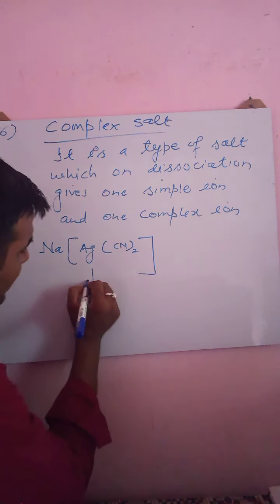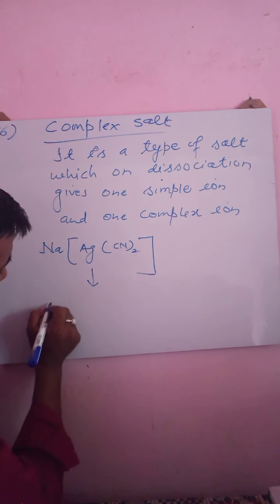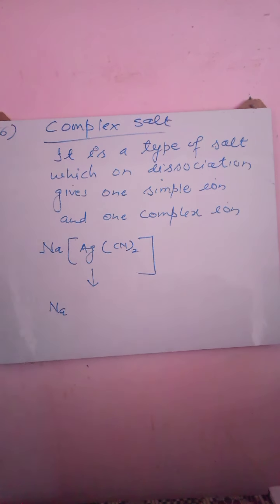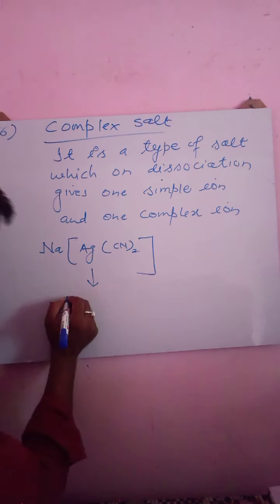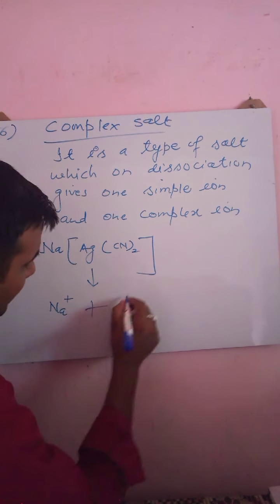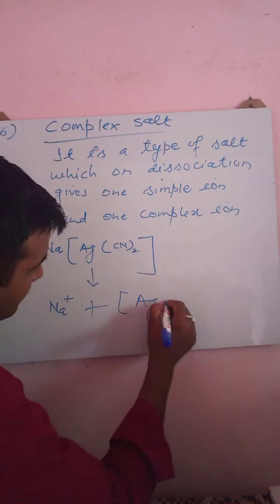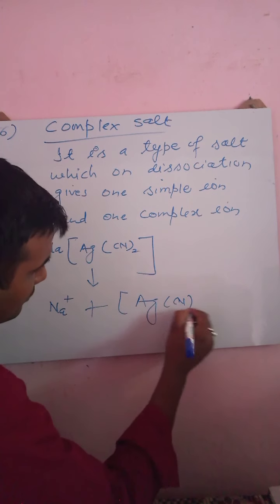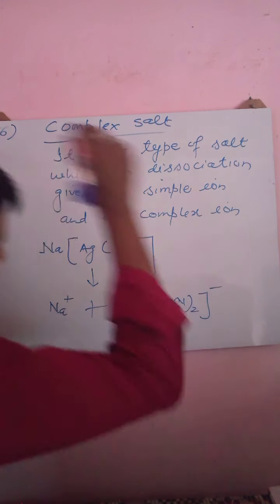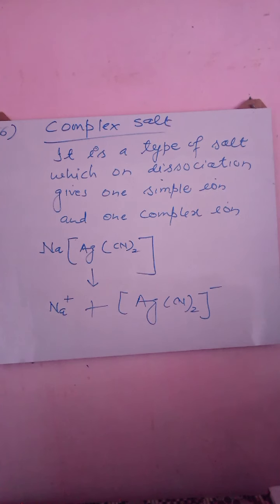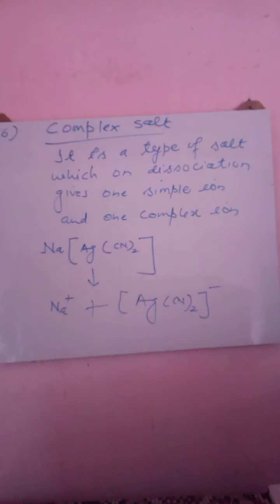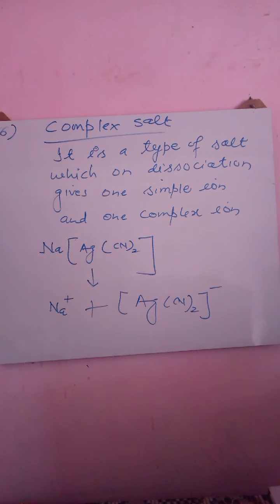This salt on dissociation gives one simple ion, sodium plus ion, and one complex ion, Ag(CN)2 with a negative charge. So those salts which on dissociation give one simple ion and one complex ion are known as complex salts.